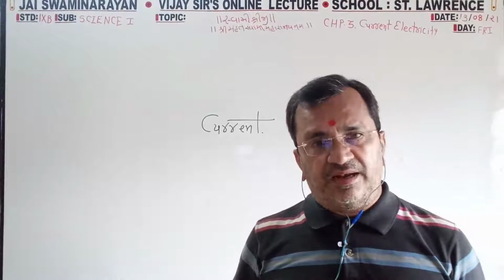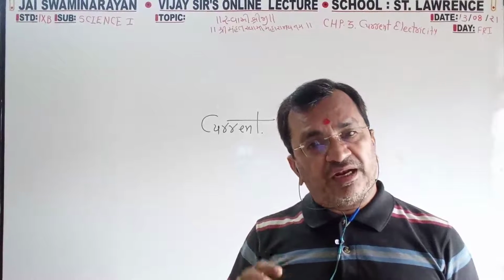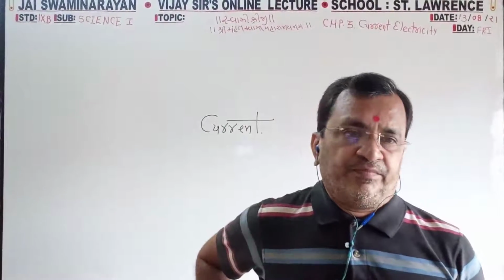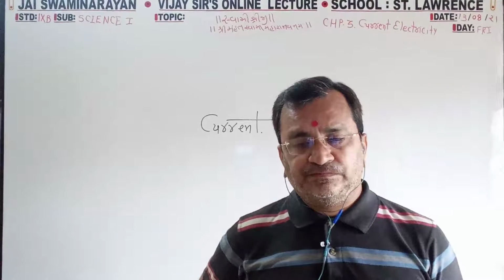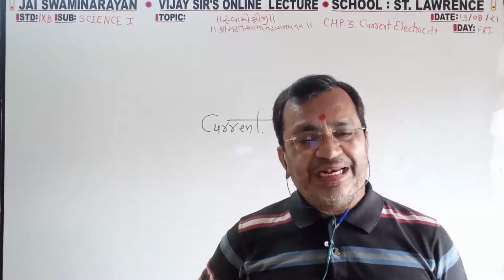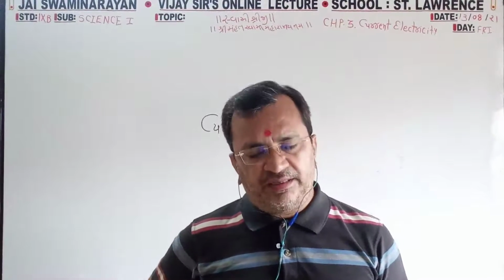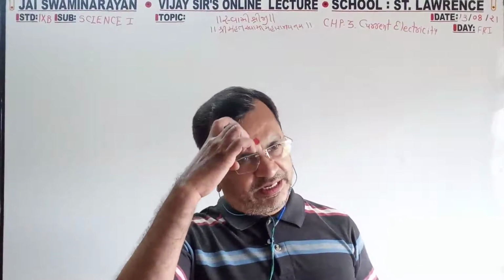Because in metal, the atom of the metal has free electrons in the outermost orbit, which can move. So because of free electrons in the outermost orbit of the atom of the metal, through the metal electric current can pass.